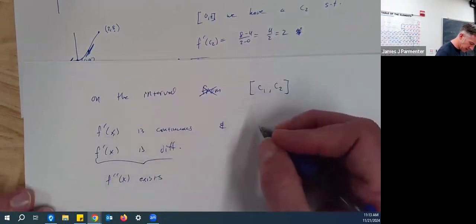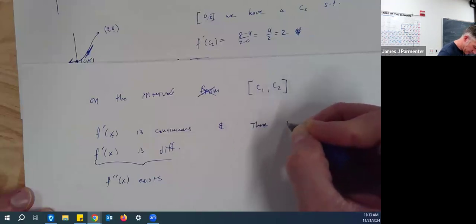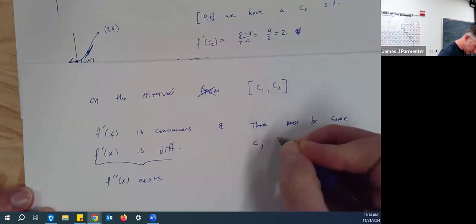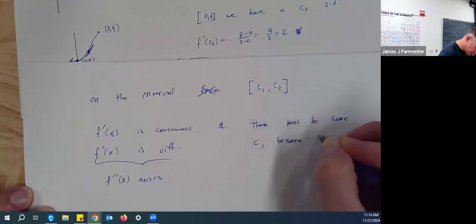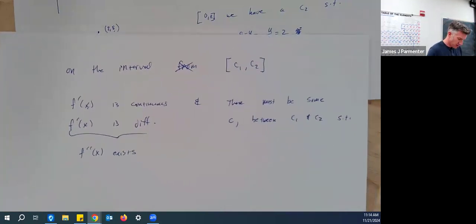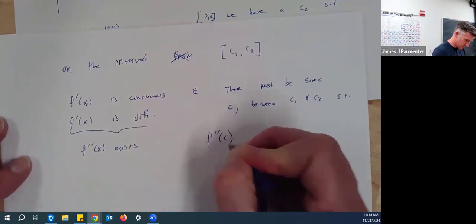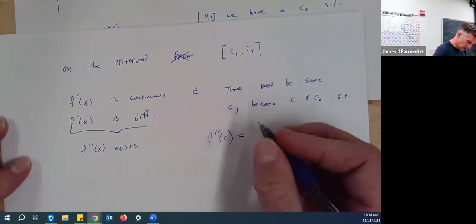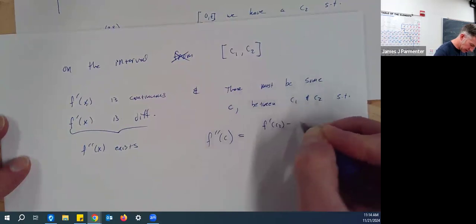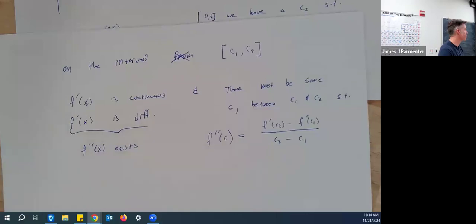And then what we're going to say is, okay, that means that there must be some c between C1 and C2 such that the derivative of my derivative is equal to f prime of C2 minus f prime of C1 over C2 minus C1.